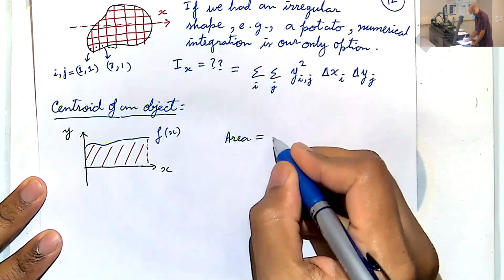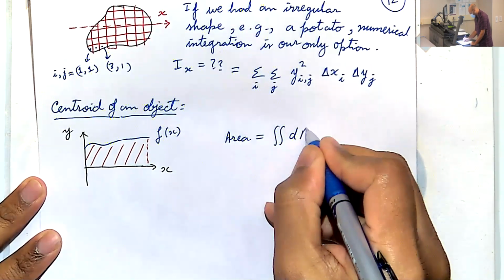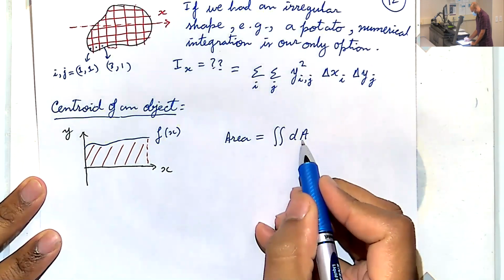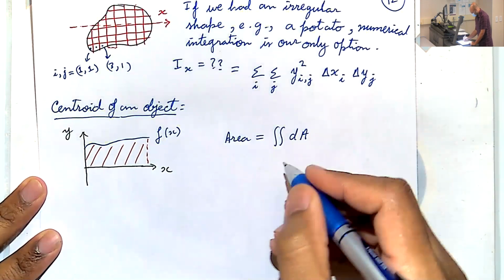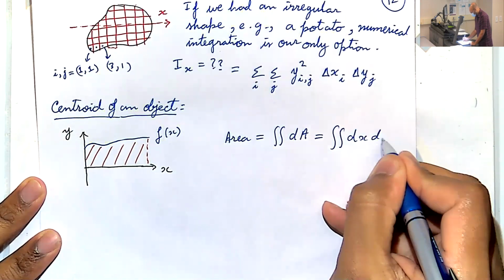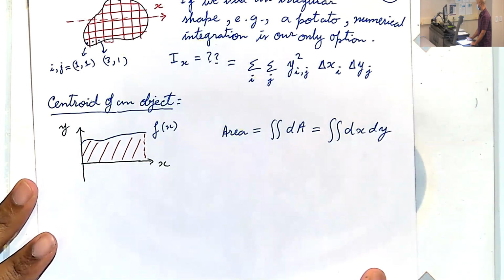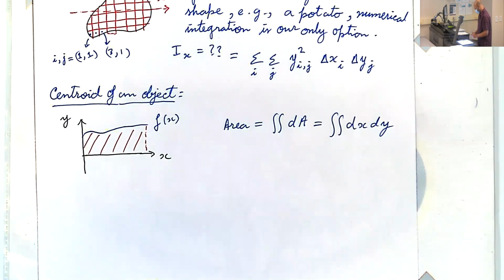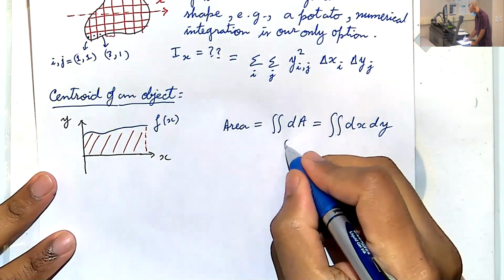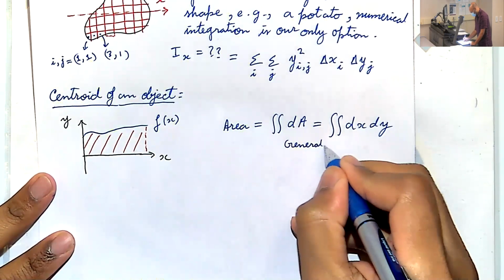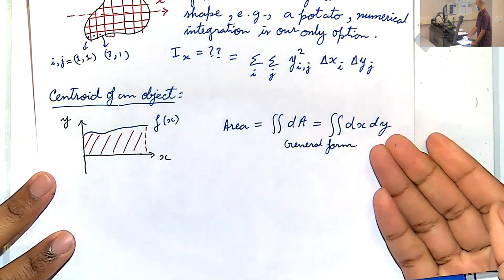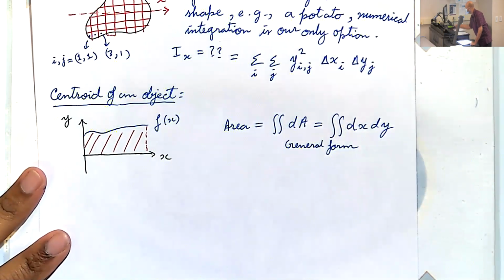To compute the area, we would write a double integral of dA, the element area of a small element. In this case, it becomes a double integral of dx dy. This is the most general form you can write it in. If you start here, everything else is basically following simple steps.